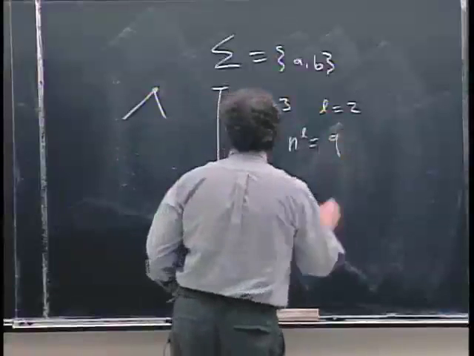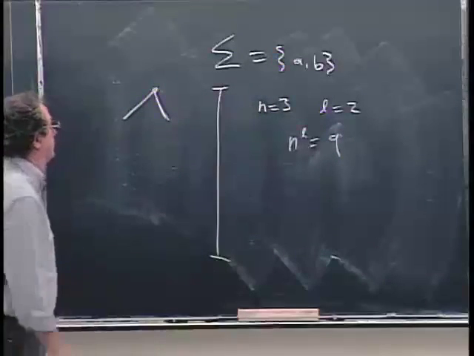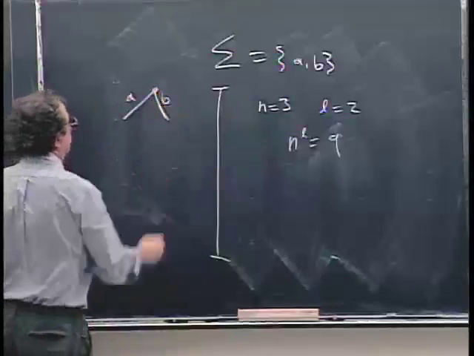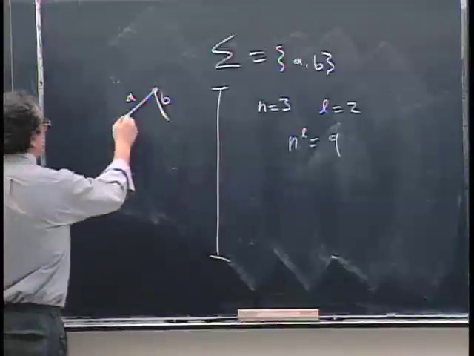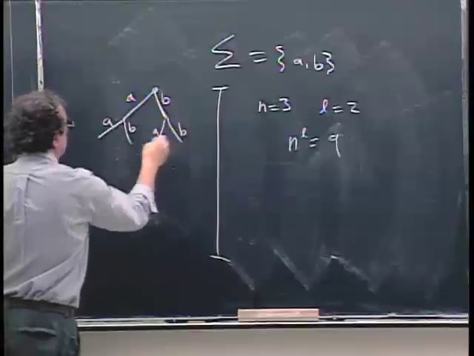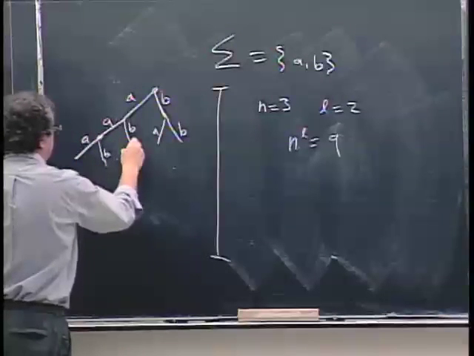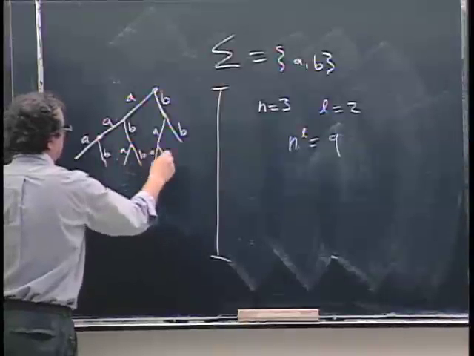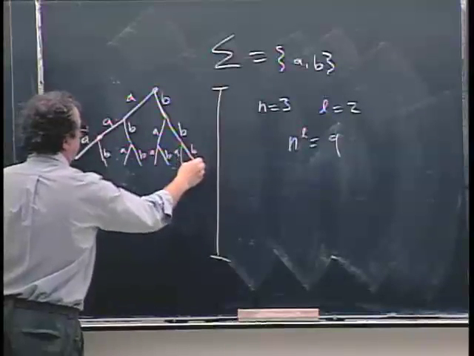So deterministically generating all C means the first character is either an A or a B, and the second character after that is A or B, A or B, and so on.